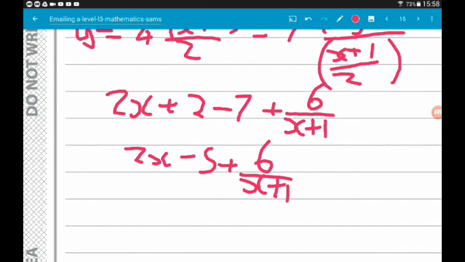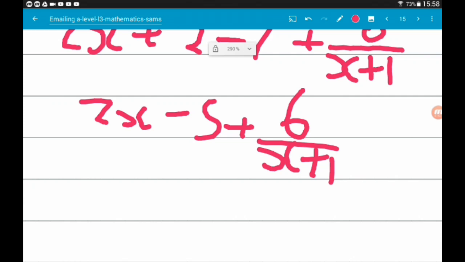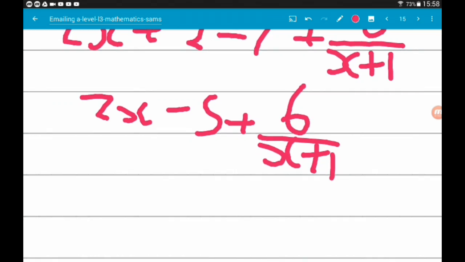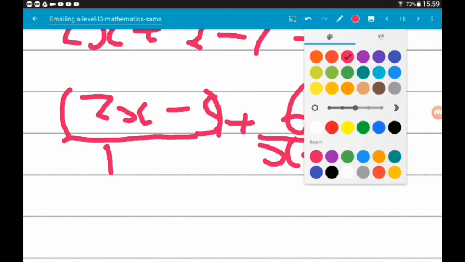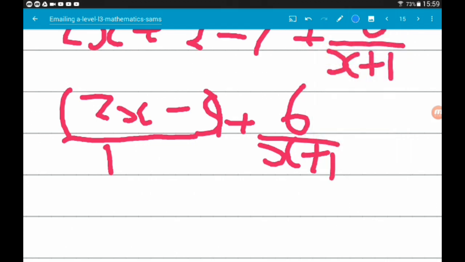So what we now need to do is write this as a single fraction. I'm going to put this first lot of stuff in brackets, and I'm even going to put a fraction line with a 1 on the bottom. To combine fractions like this when we're adding, we do the bottom of the second fraction times the top of the first.